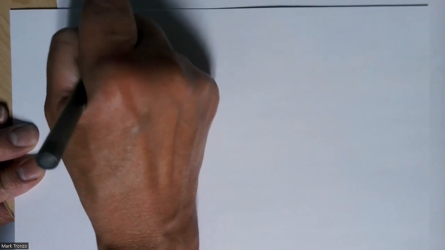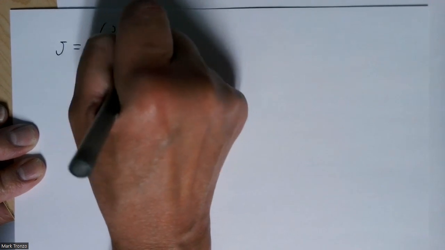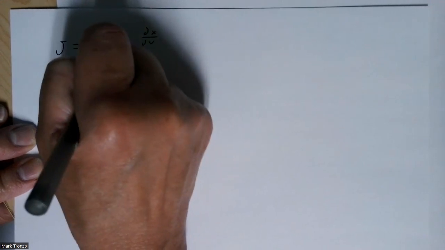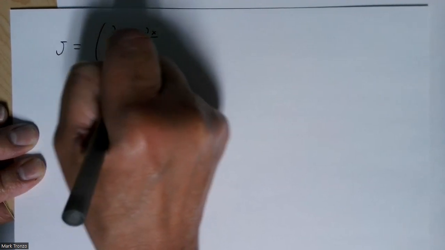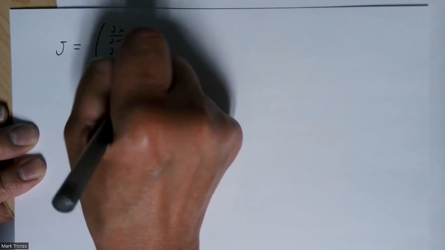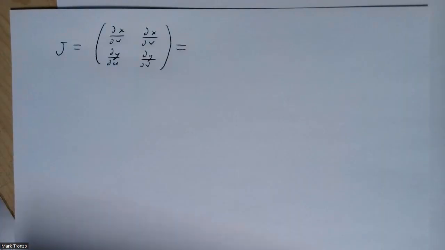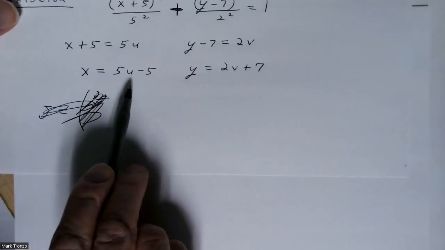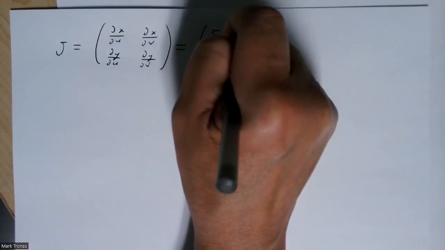And remember, it's dx du, dx dv, dy du, and dy dv. And again, when you do dx du, you get 5. dx dv is 0.